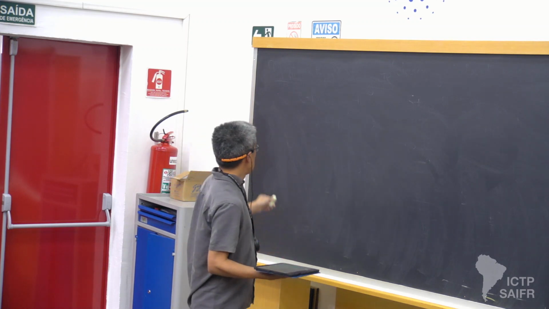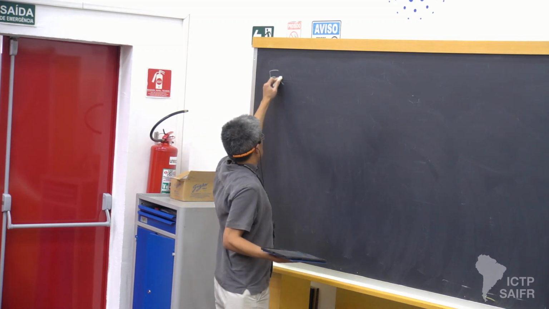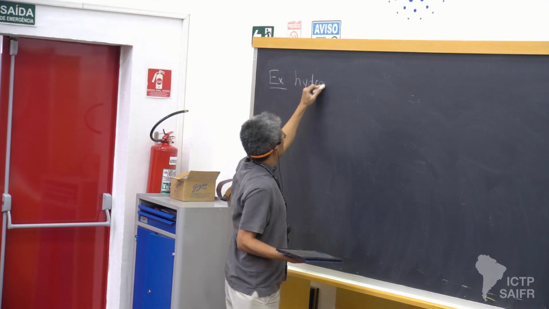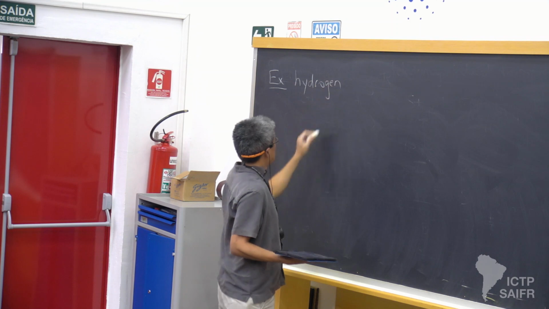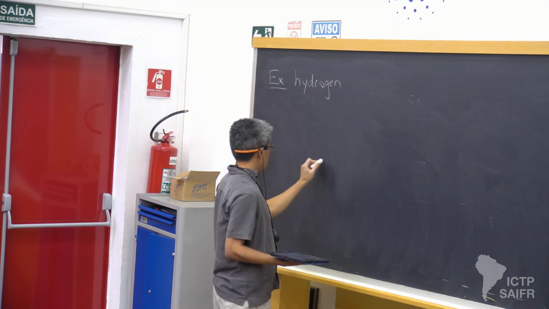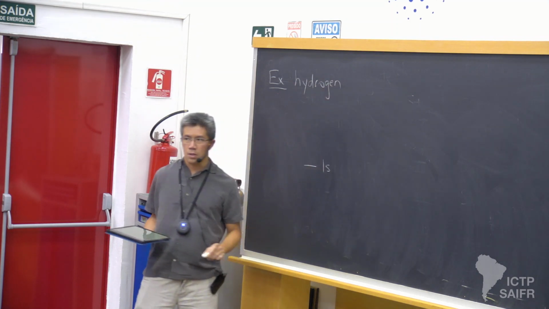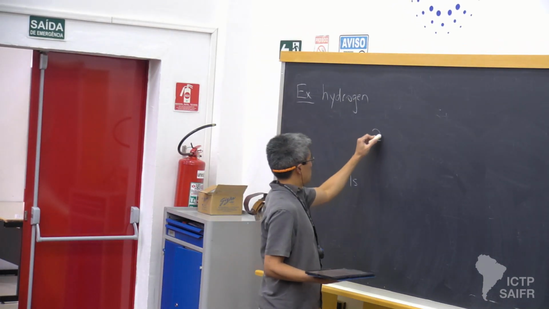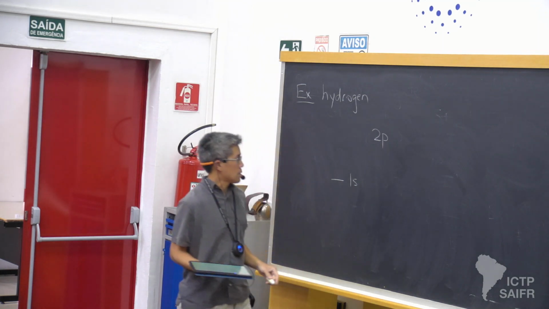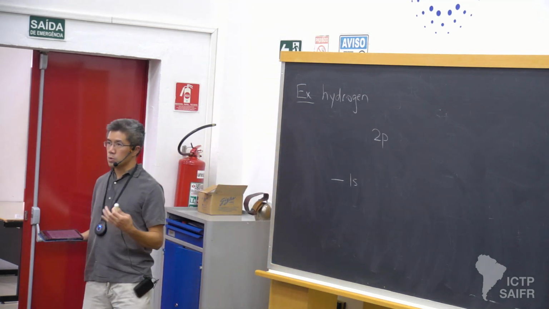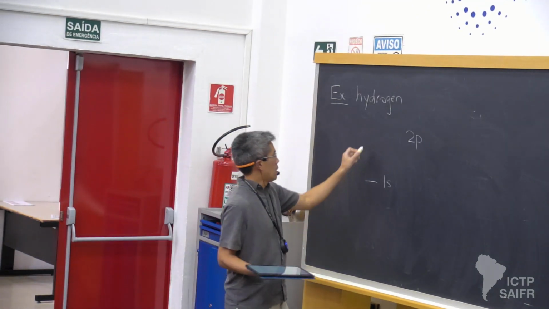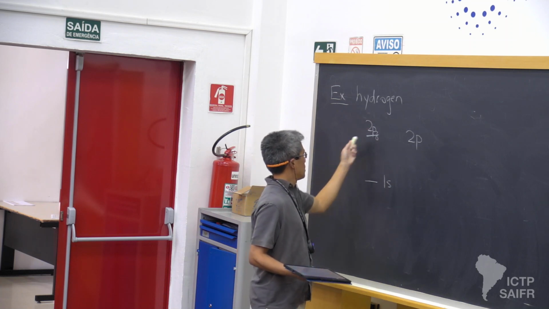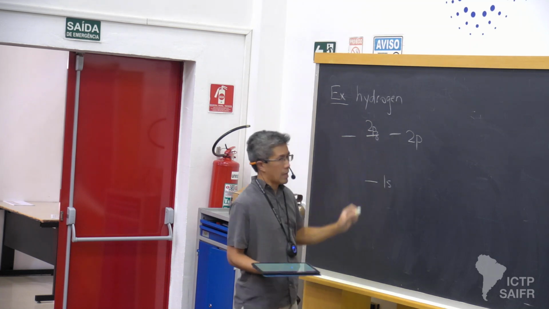So let's take a very simple example of hydrogen. The ground state is a unique 1s orbital, and then I said that the excited state is 2p, but actually there's 3 degenerate states, which you could call 2pz, 2px and 2py.